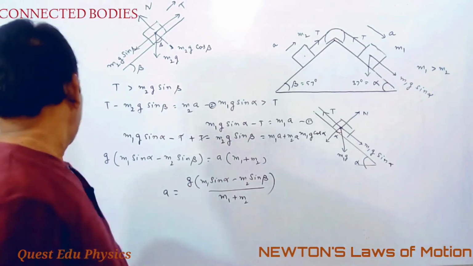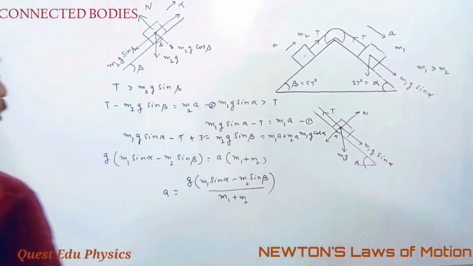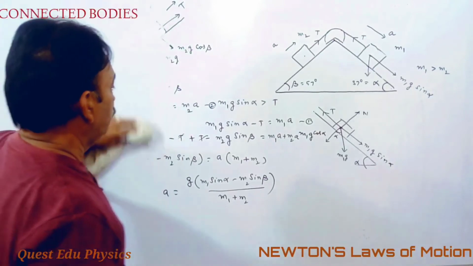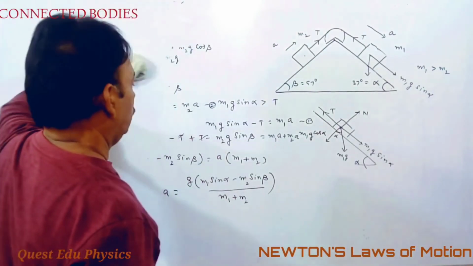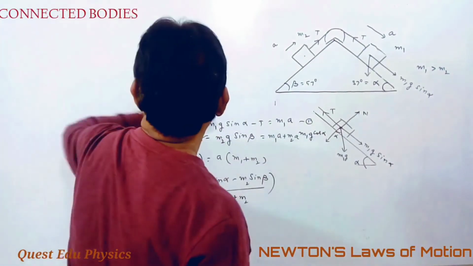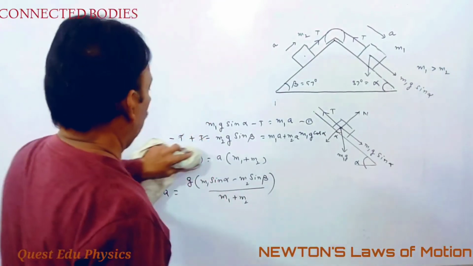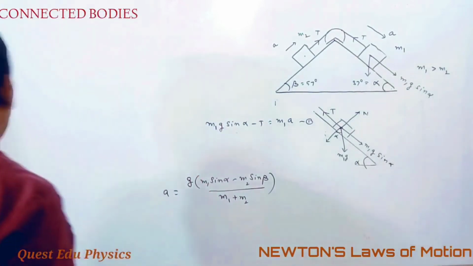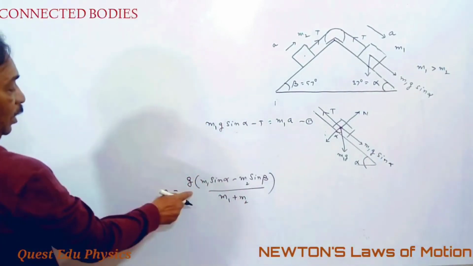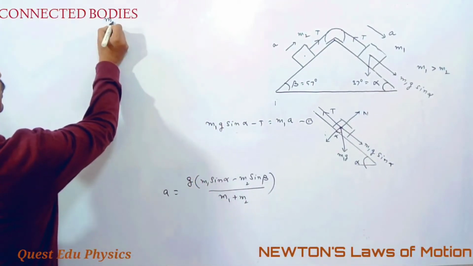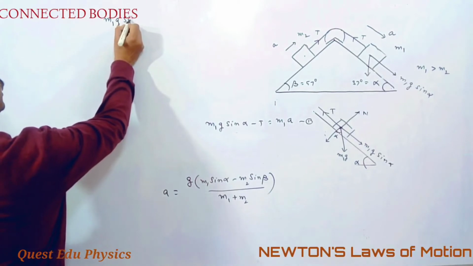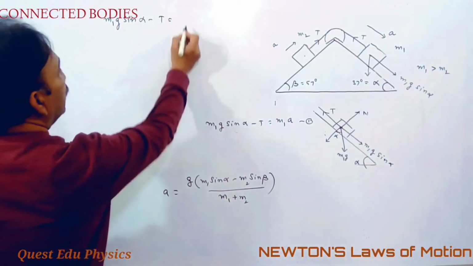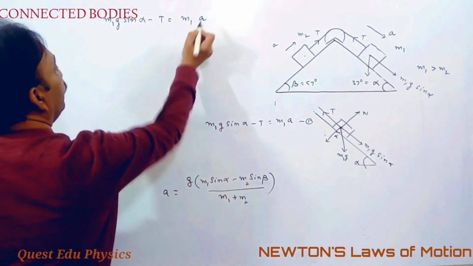Okay students, let's find the tension. We are substituting the value of a in the relation m1g sine alpha minus T is equal to m1a.